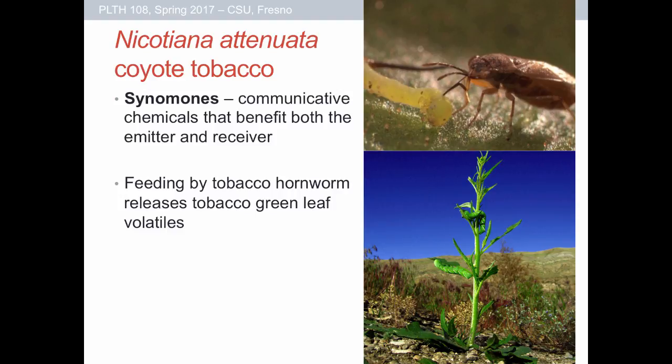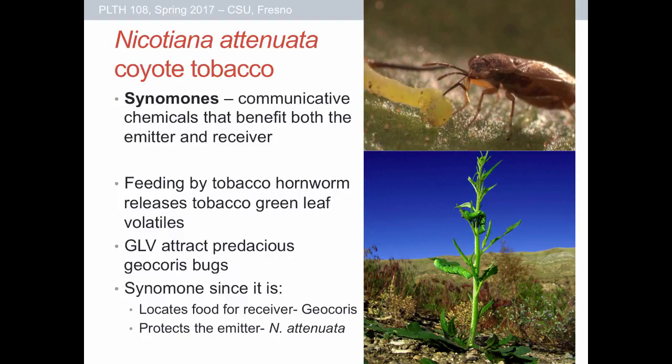So it's a pheromone for other tobacco plants. However, these green leaf volatiles also are attractive to Geocoris bugs, or big-eyed bugs, which are a natural predator of these hornworms. So functionally, it brings in these Geocoris bugs, they feed on the tobacco hornworms, and the plant gets some relief from all the feeding it's receiving.